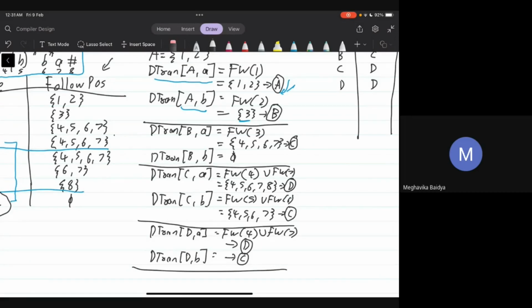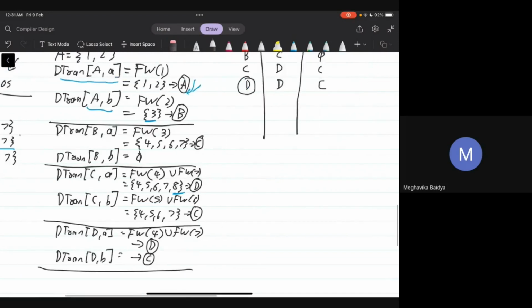Dtran of D comma A, that is D again. In which transition does 8 belong? D, right? So you put a circle here saying that it's a final state.